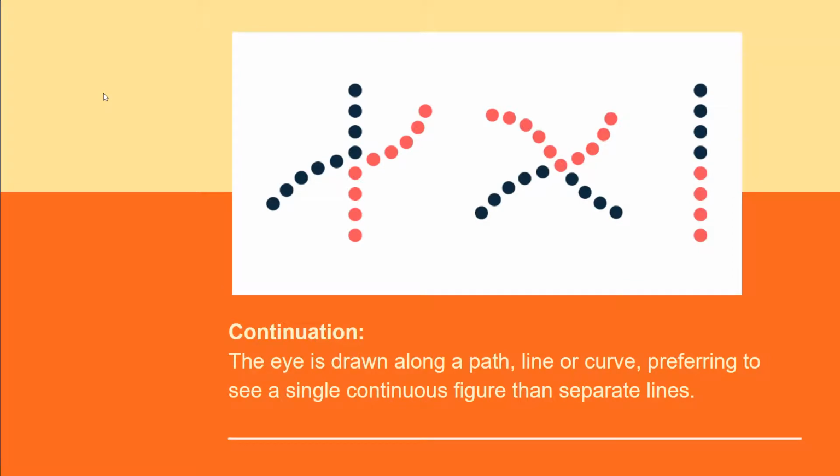The second rule from Gestalt is continuation. When you look, the flow of the eyes is drawn along a path, line, or curve, and is perceived as a single continuous figure rather than separate lines.